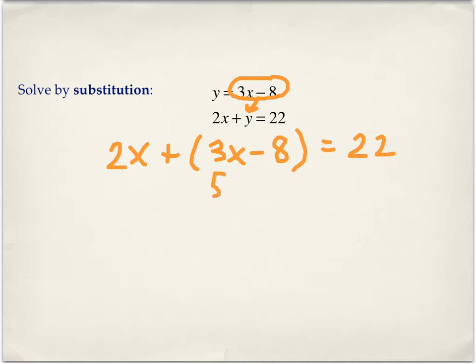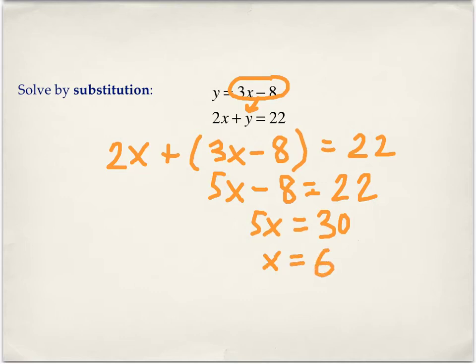So 2x and 3x is 5x minus 8 equals 22. I'm going to add 8 to each side, so 5x equals 30. So then x equals 6. And then I can take that and substitute that in another equation here. Go back to my top one actually.